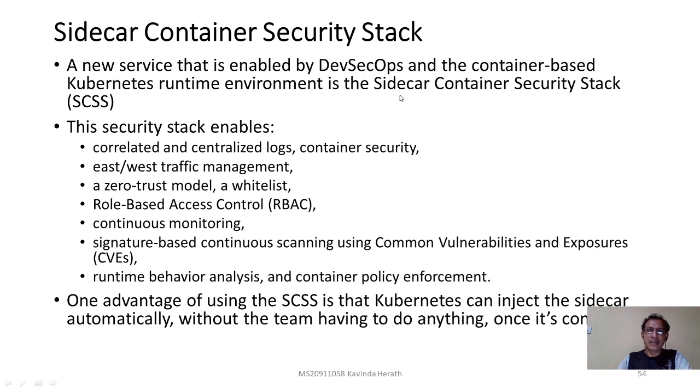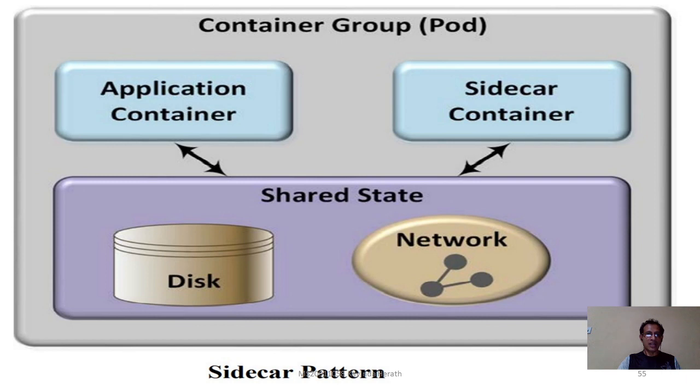This security stack enables correlated and centralized logs, container security, east-west traffic management, zero trust model, role-based access controls, continuous monitoring, and signature-based continuous scanning. The sidecar container security stack was recently added to these systems to get more benefits than the earlier systems.